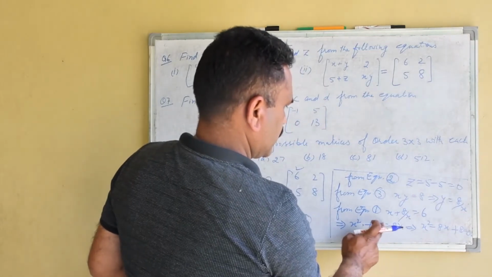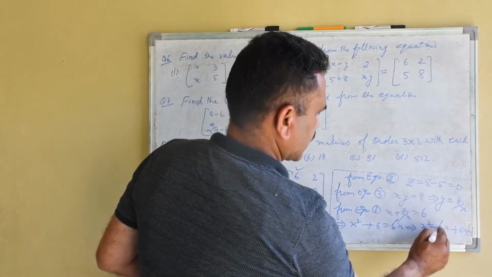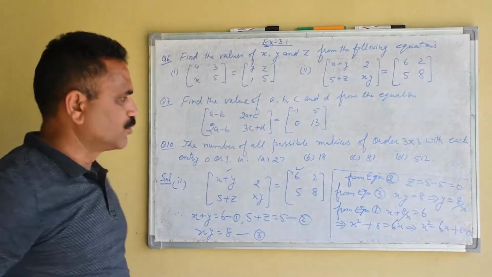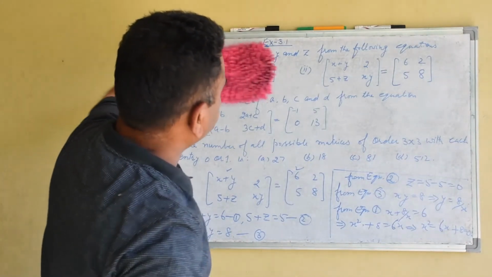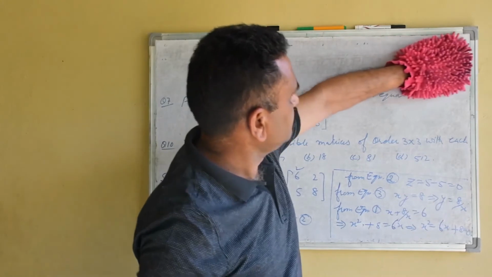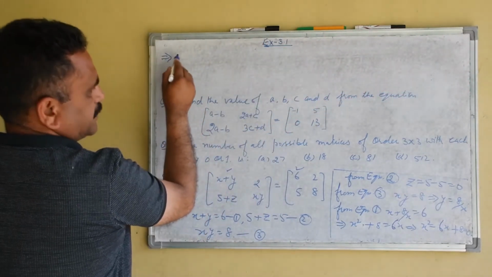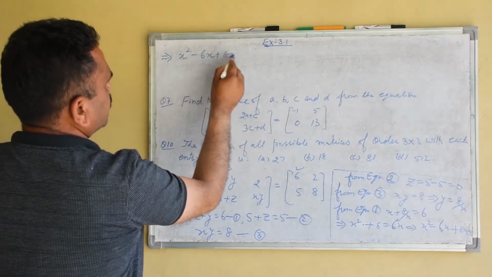So here this is 6x. Okay, x square minus 6x plus 8 is equal to 0. So we can split it into two parts.